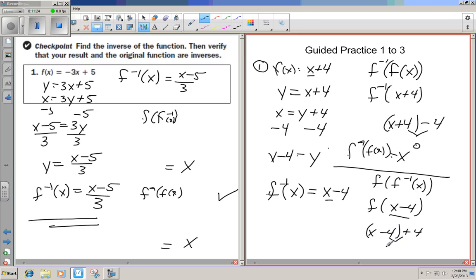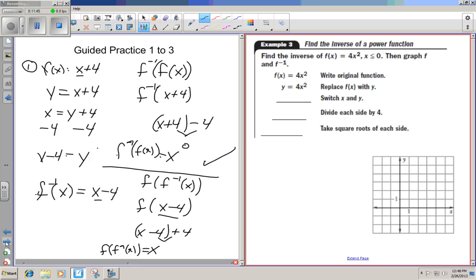Minus 4 plus 4 is 0. So now you have that the f of f inverse of x is x, which now verifies your work. So go ahead and try the other two guided practices. They should help you on the homework.